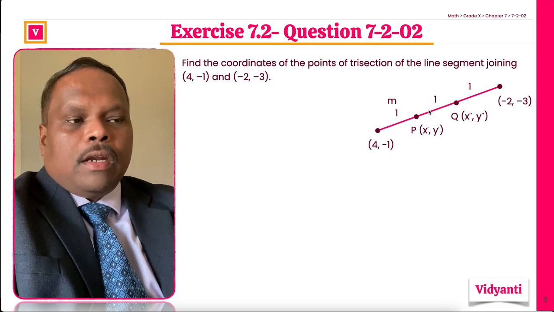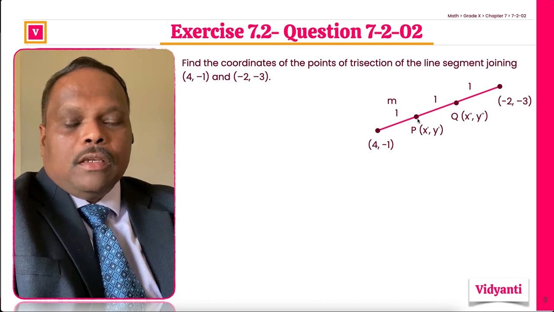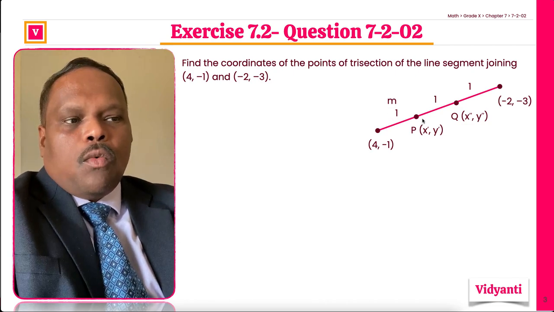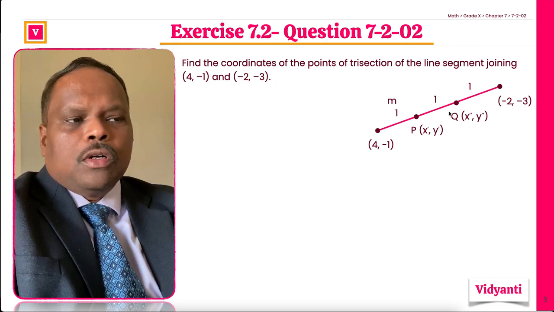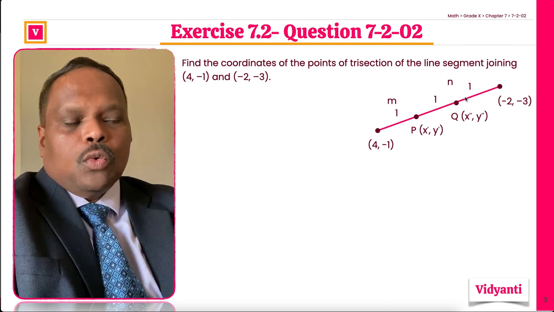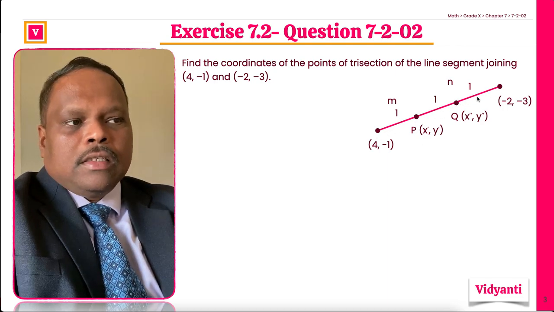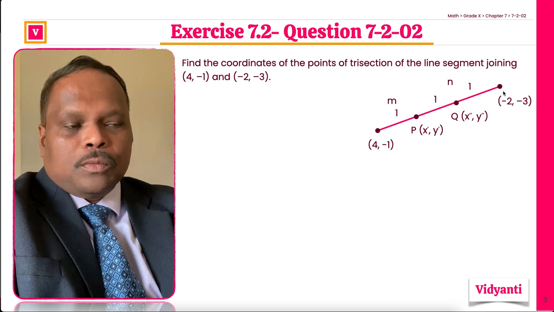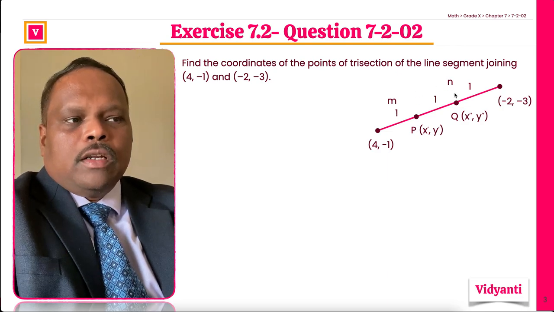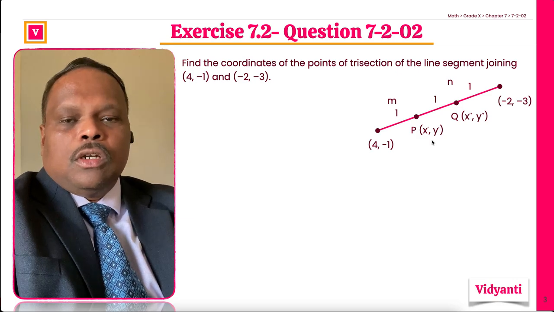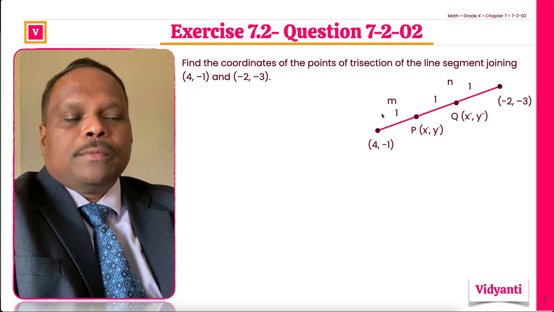When we are trying to find the coordinates of P, m is 1 because it represents this distance, and for that time we will ignore Q. The second distance, which is n, would be 2. So m is 1, n is the entire remaining distance, which is 2, and x1, x2, y1, y2 are the original endpoints.